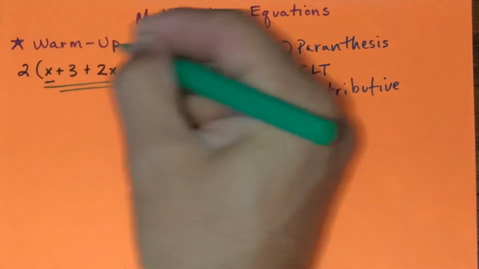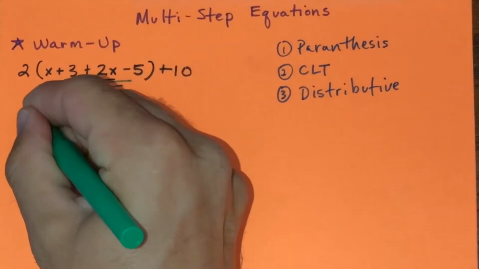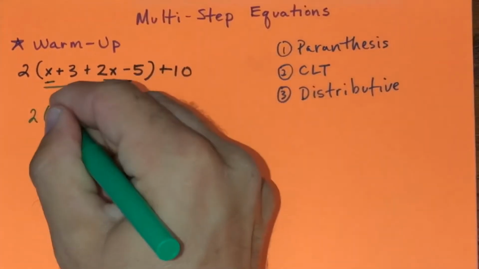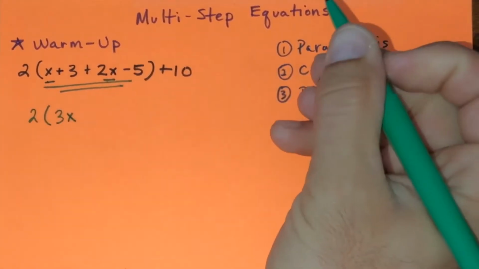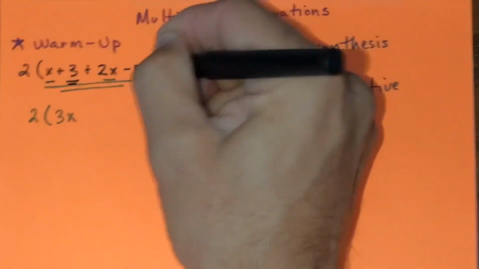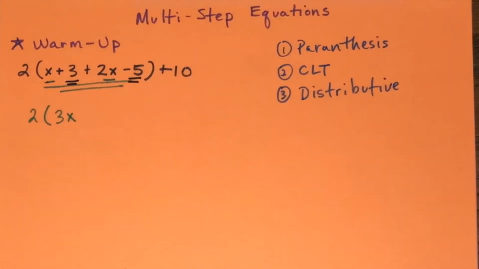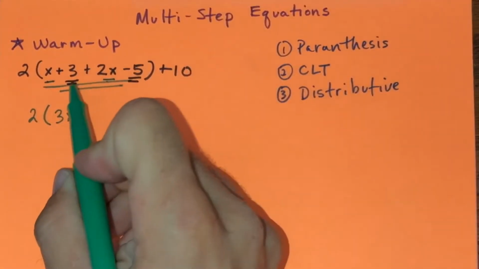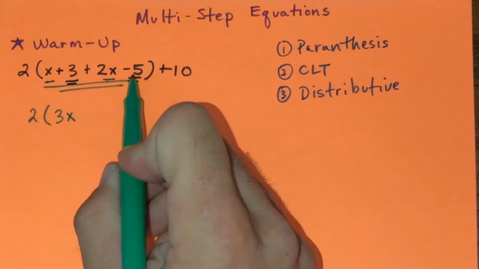So we want to combine 3x, and then we also have our 3 and 5 here. We could also consider those like terms. Remember, when you are combining like terms, you have a +3 and a -5.